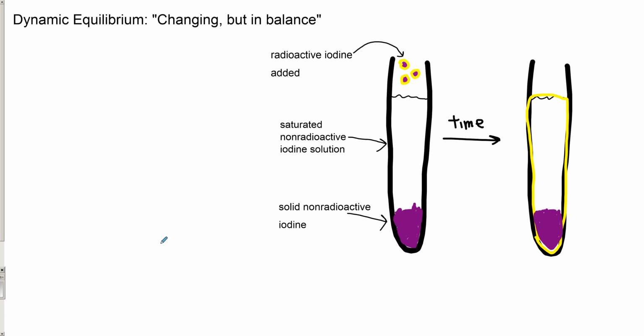A saturated solution is a solution that you cannot fit any more solute into. So if you were to go downstairs right now, and I'm not going to tell you to do this because you don't want to waste food or salt or sugar, but if you were to take some water, add some sugar to it, stir it until it dissolved, and then keep adding sugar and keep stirring until sugar would no longer dissolve and it would start to build up on the bottom of your container, that would be a saturated solution.